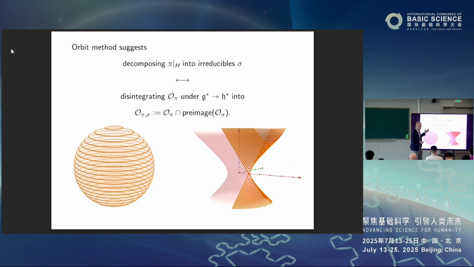So I've drawn here just a couple pictures indicating how this should roughly look. And this is kind of an old story that has been used in the algebraic part of the theory since ancient times in some sense. So here I've taken, let's say, the sphere. That is O pi, where pi is a representation of SO3. And we're thinking about how that representation decomposes when we just have the subgroup SO2 fixing the z-axis act.